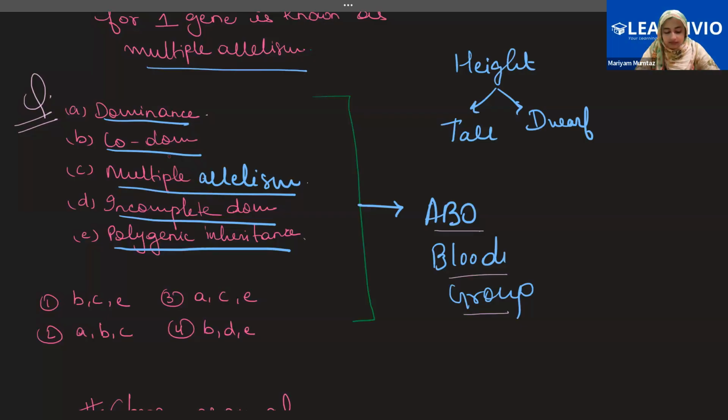Is it multiple allelism? See, the options are also there. You have to choose multiple from them.